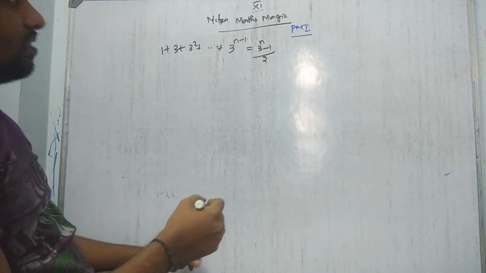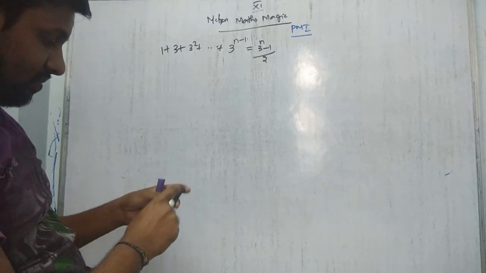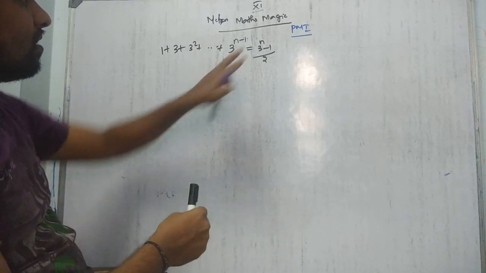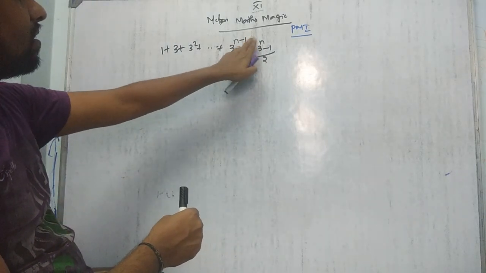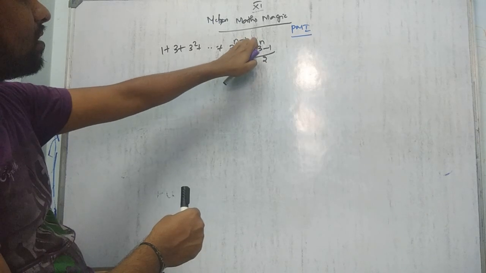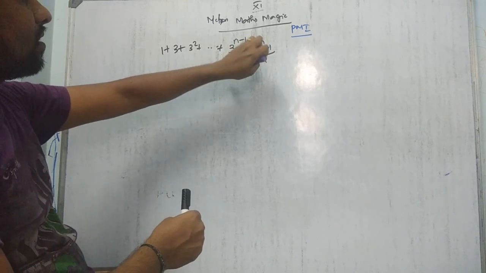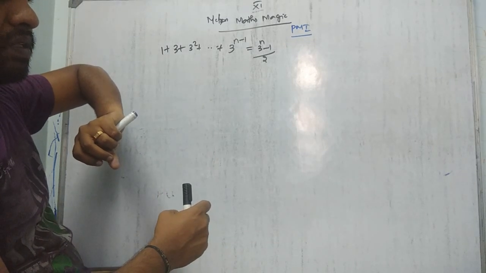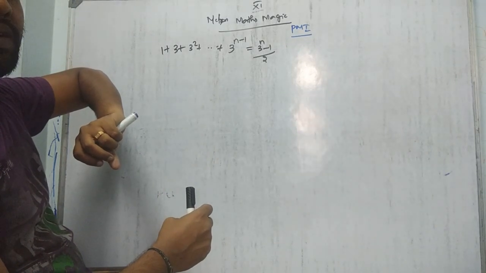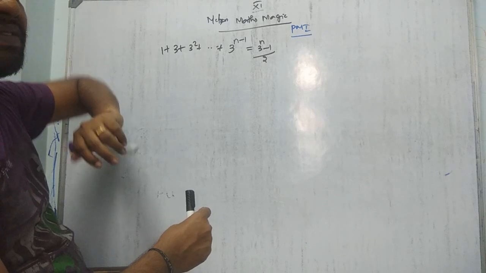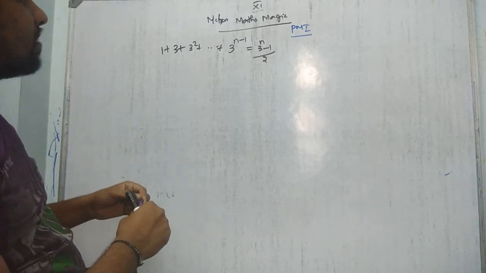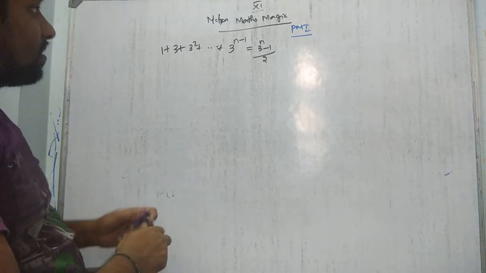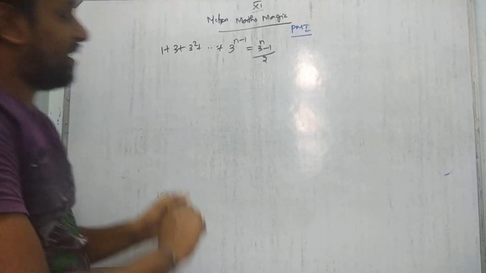So this sum you have to prove. Okay, 3 power n minus 1 equal to 3 power n minus 1 upon 2.